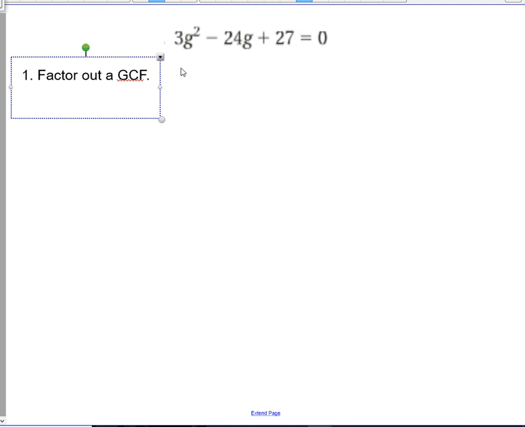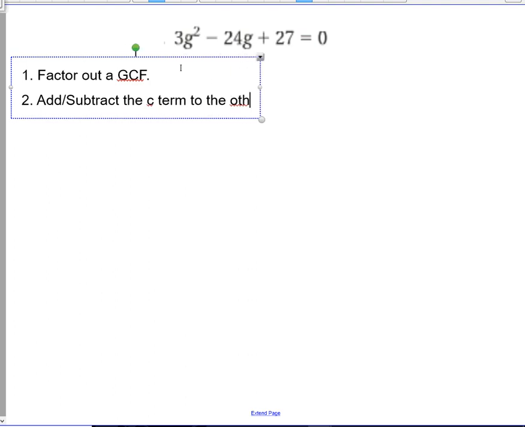Then you're going to add or subtract the C term to the other side of the equal sign.